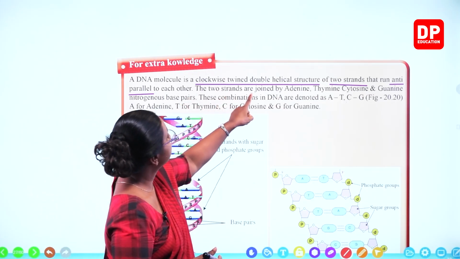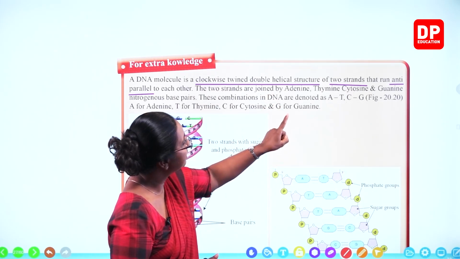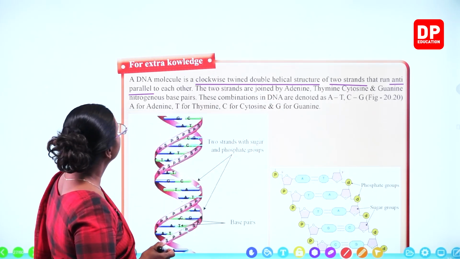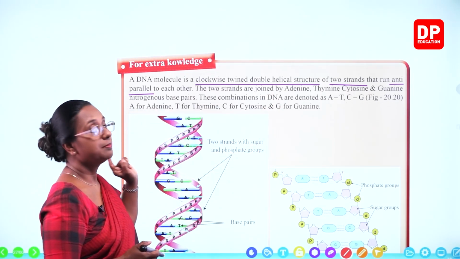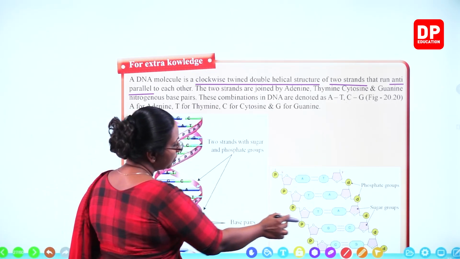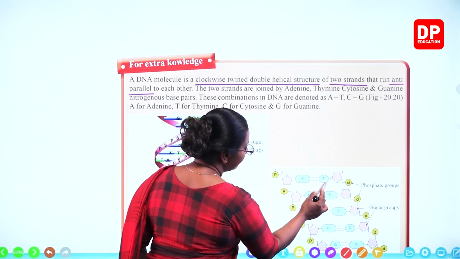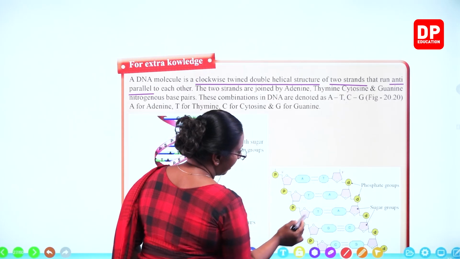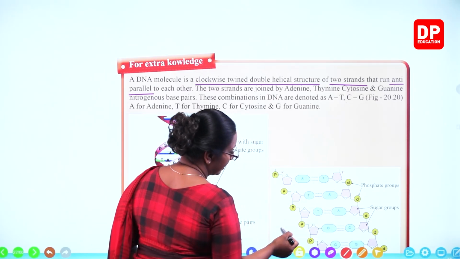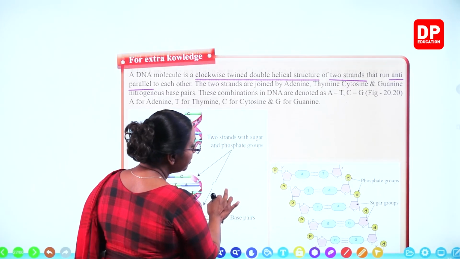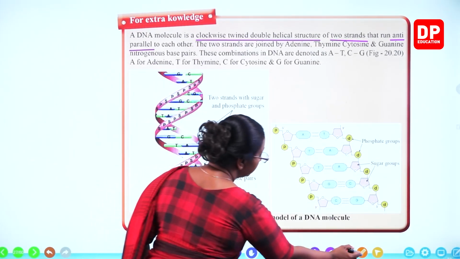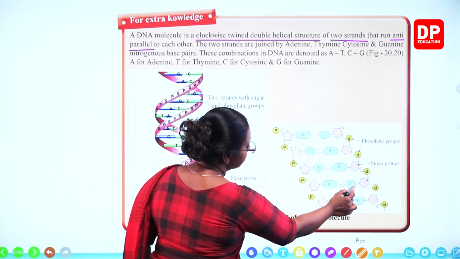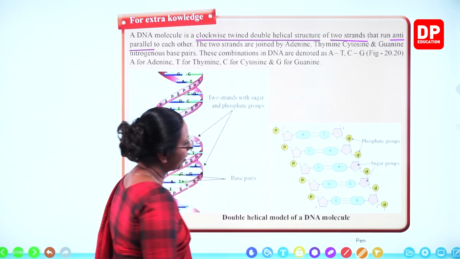The two strands are joined by the nitrogenous base pairs of adenine, thymine, cytosine and guanine. Here again you can see adenine with thymine, thymine with adenine, thymine with adenine again. Then at the bottom, guanine with cytosine, cytosine with guanine.